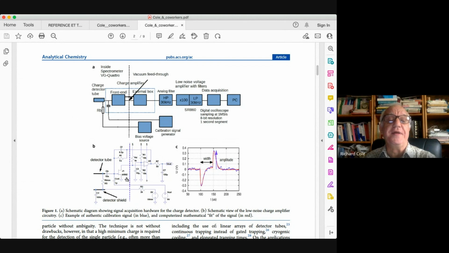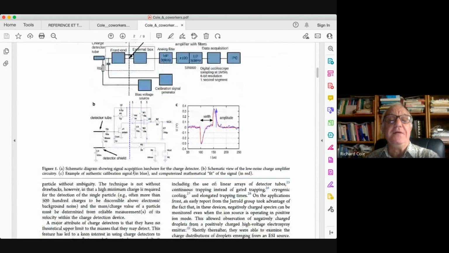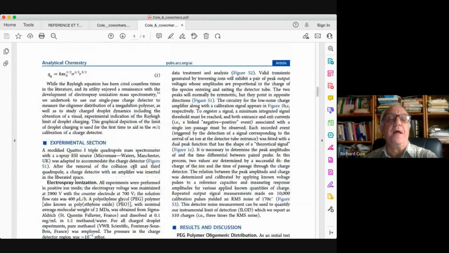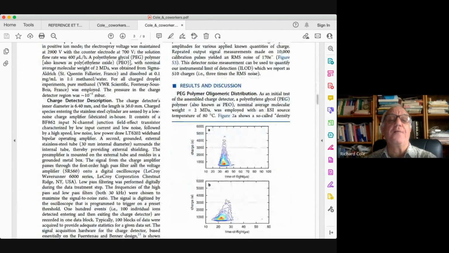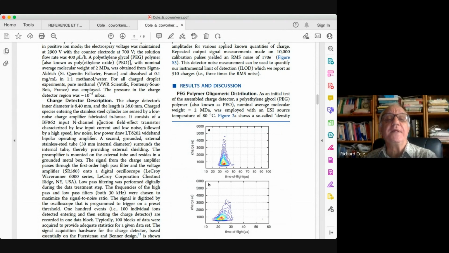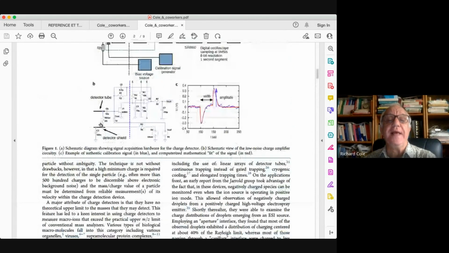So the key points are our JFET right here, and I'm just going to scroll down to our experimental section. This is an N-channel junction field effect transistor, JFET, and it's characterized by low input current and low noise, and then it's followed by a high-speed, low noise, low power draw bipolar operational amplifier.